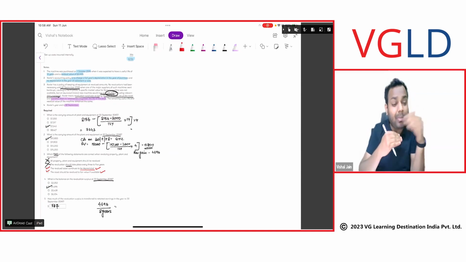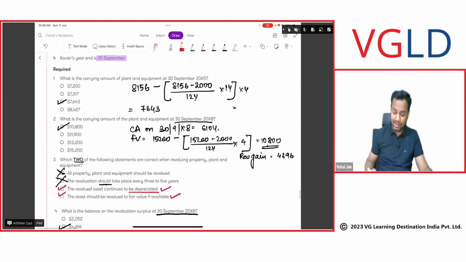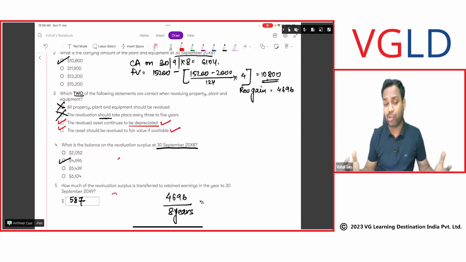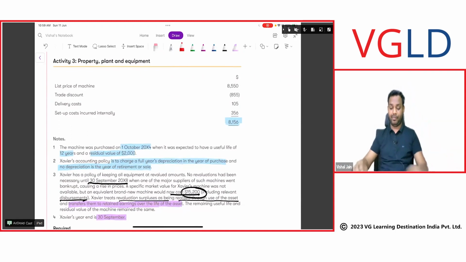And these 5 questions will be linked to each other. Once you calculate this carrying amount, this is linked to this one, and this is linked to this one again, right? So all of them are linked. It is a section B question. Is it clear, everyone?